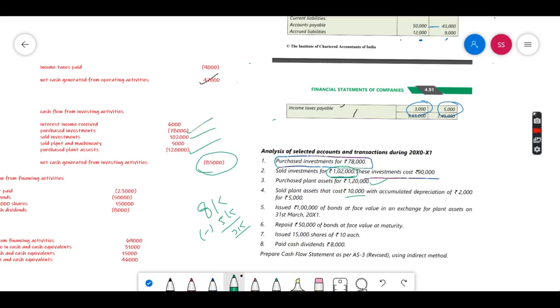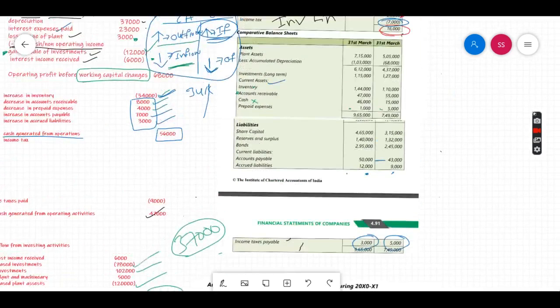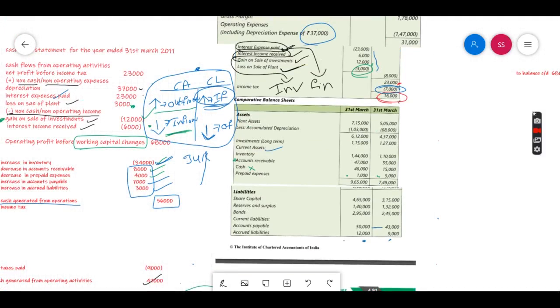Before that, if you remember, we have deducted the depreciation in the operating activities, which is 37,000, right? So you can correlate with the adjustments now. Here the accumulated depreciation is 2,000. Remember that 2,000 depreciation. The accumulated depreciation closing is 1,03,000 and opening is 68,000.